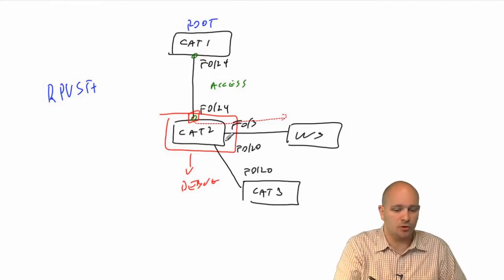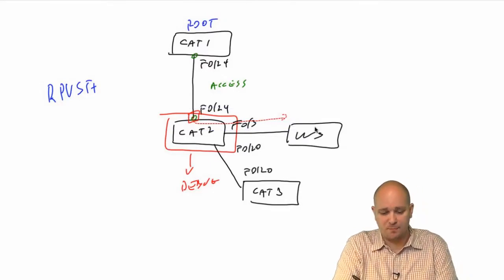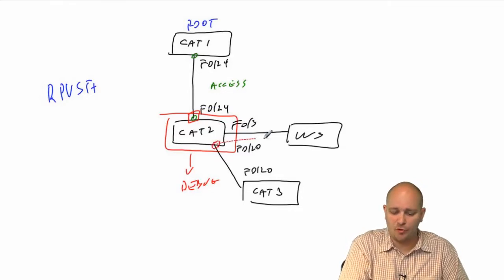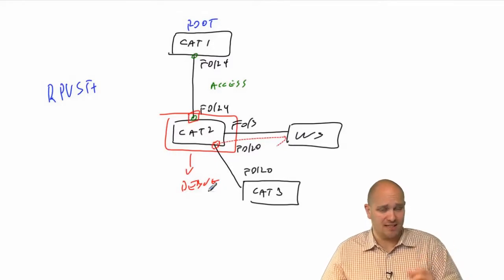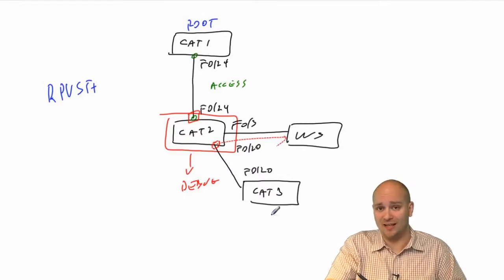But what I am going to change here is the configuration of my SPAN. Now I'm going to modify it to actually get the traffic from this port here and send it to Wireshark, because I want to see these proposals and agreements as they are communicated between Cat2 and Cat3.